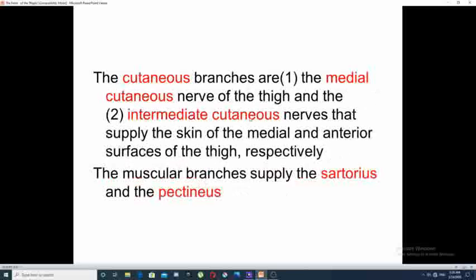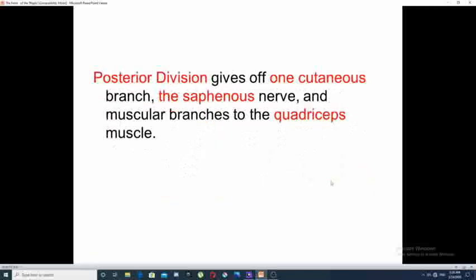The cutaneous ones are the medial cutaneous nerve of the thigh and the intermediate cutaneous nerve of the thigh, which supply the skin over the anterior and medial side of the thigh. Muscular branches go to sartorius and pectineus. The posterior division gives off one cutaneous branch called the saphenous nerve and muscular branches which go to the quadriceps femoris muscles.